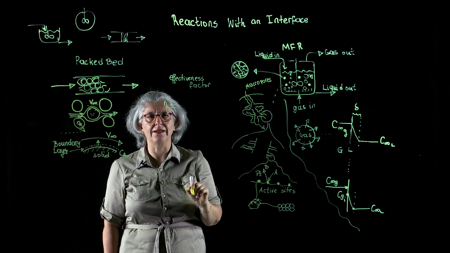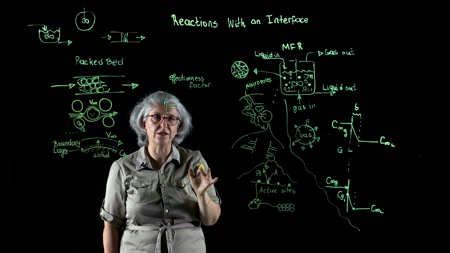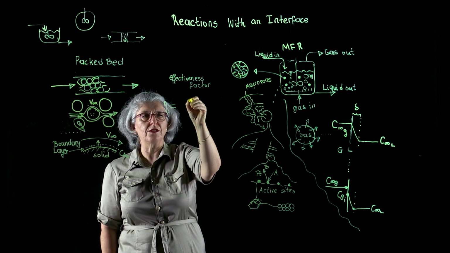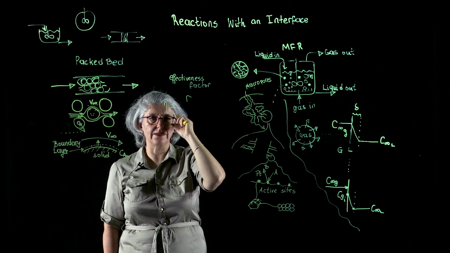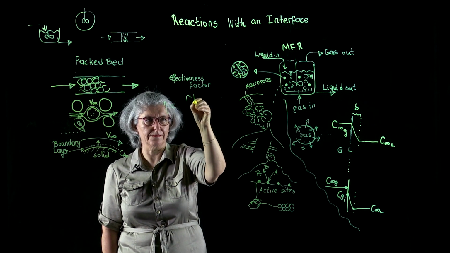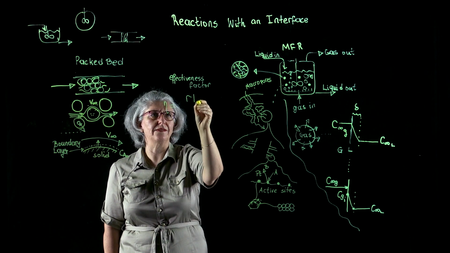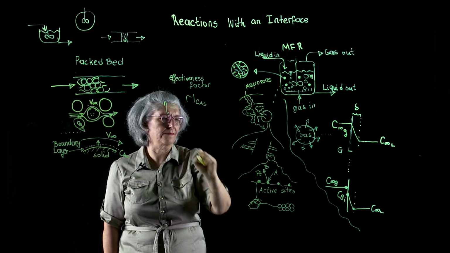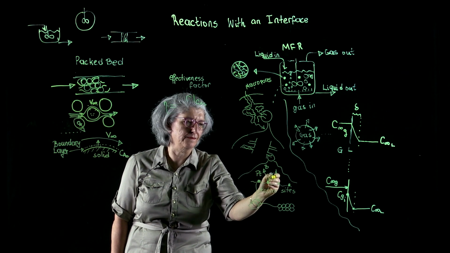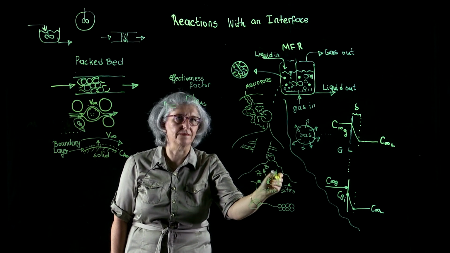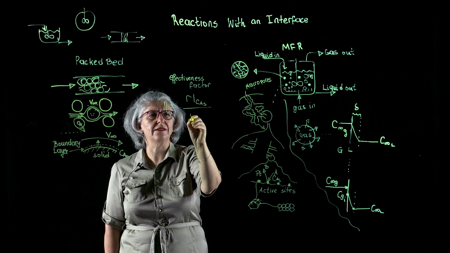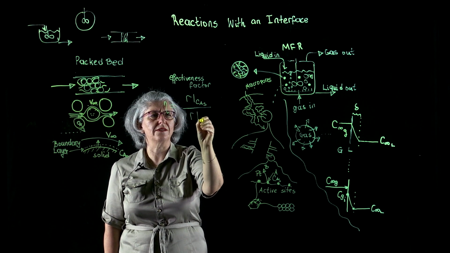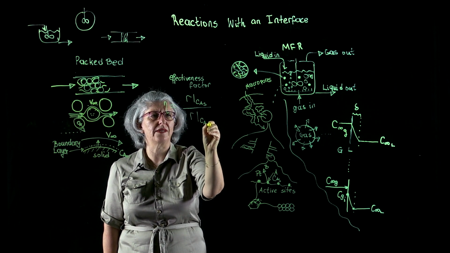This is a number. In the best situation, it is going to be 1. So we are going to have the reaction rate evaluated at the active site, divided by the reaction rate evaluated at Ca bulk.